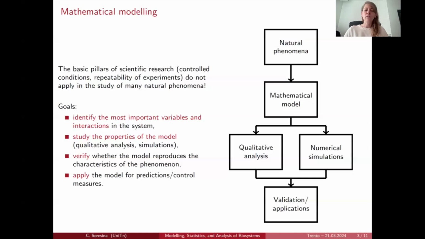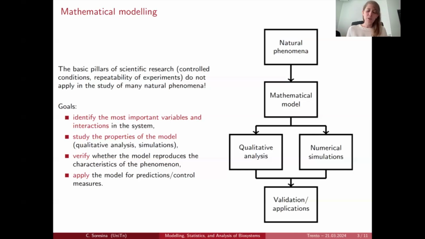You also want to verify whether your model reproduces the characteristics of the phenomenon. You want to have a good model, so with a good agreement to the biology. And you want also to apply the model to obtain prediction and forecast, and also to explore the effect of possible control measures. So this is the general framework.